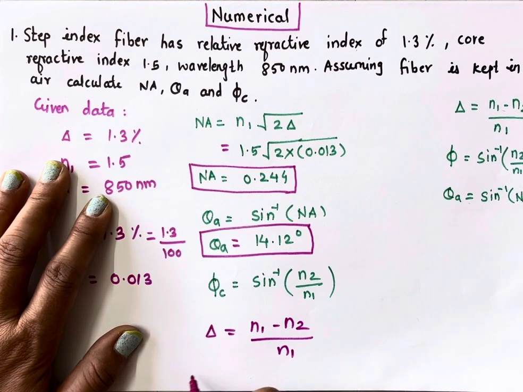So n2 is equal to n1 minus delta times n1.